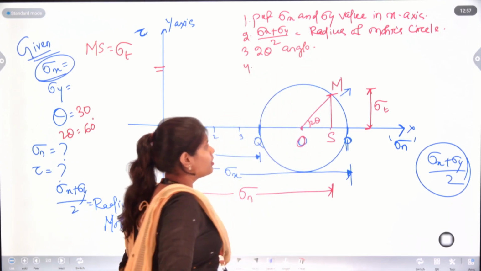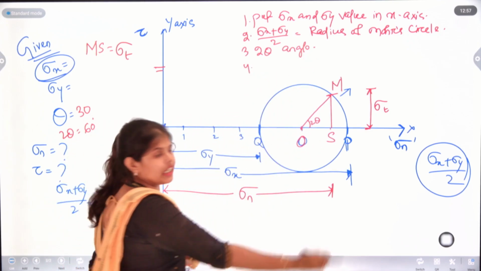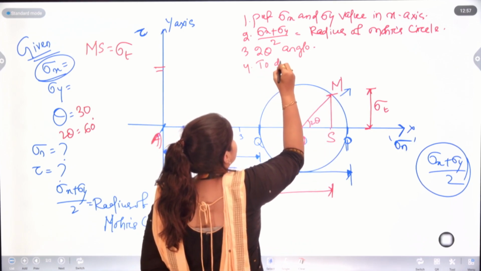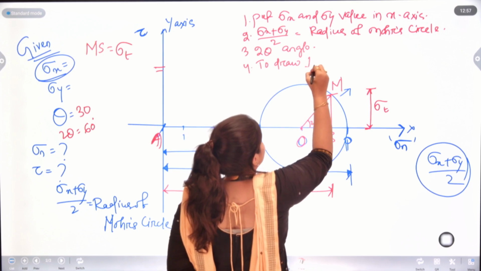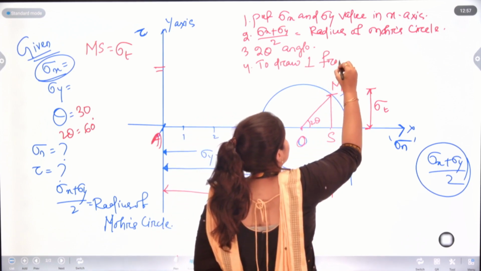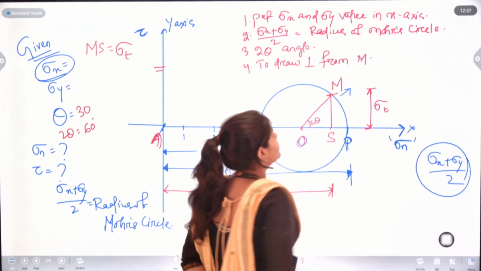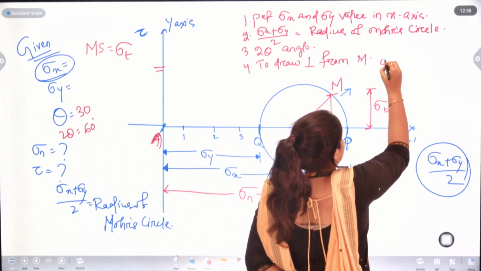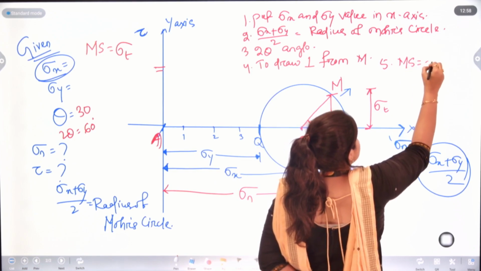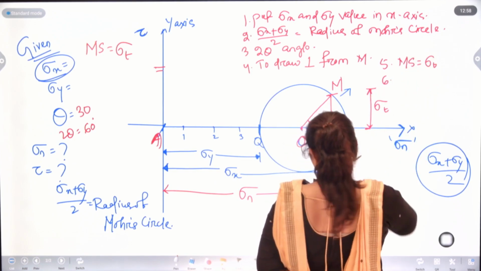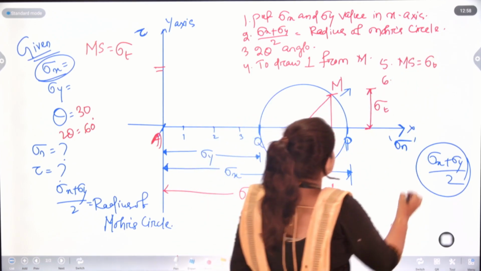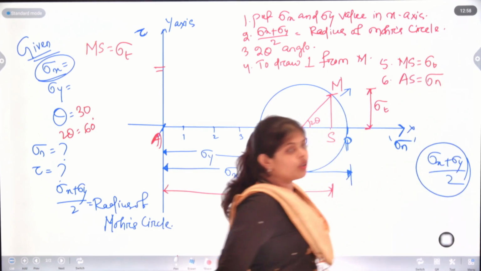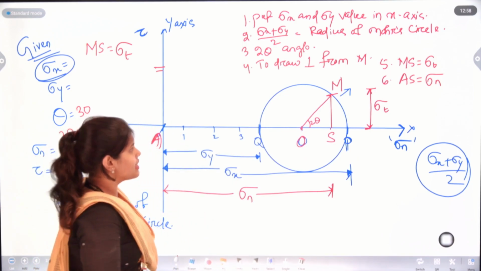Next, draw a perpendicular from point A. From M, right? So now we have MS as sigma T and AS as sigma N. So we have the normal stress and tangential stress.